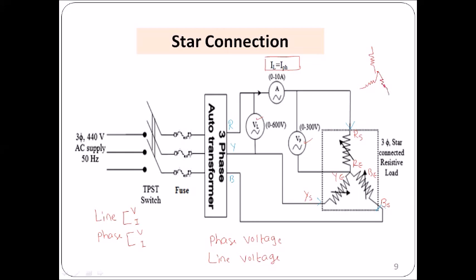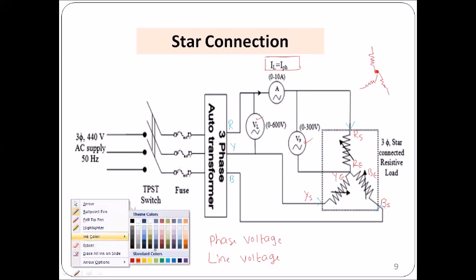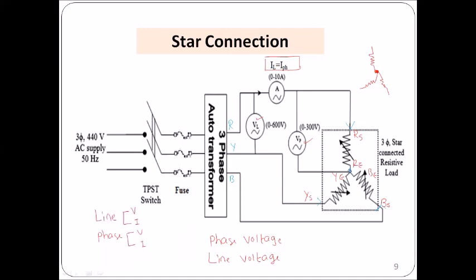Whenever we connect resistors like this, this point is called the neutral. In the circuit diagram also, we can mark this point as the neutral.